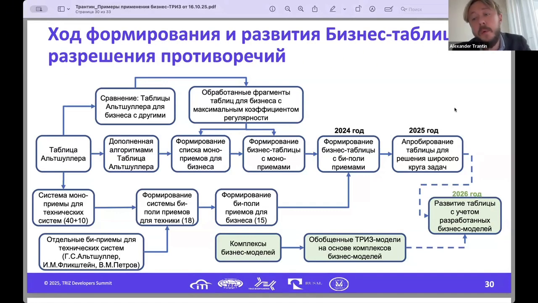We planned for this year, 2025, solving tasks in different industries, for IT, for medicine, and since we have a business table and with the emphasis that I made on loyalty and demand on the market, we want to go further and add to this table, considering the developed business models in the contemporary situation, and to add certain elements for the business model to have it very adapted for a particular business task.